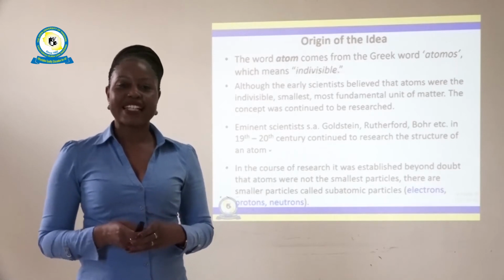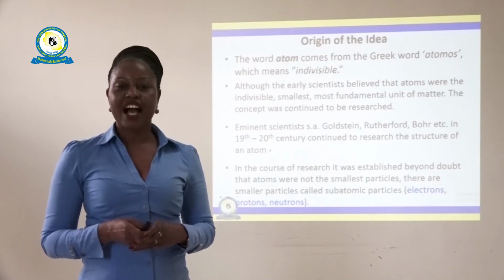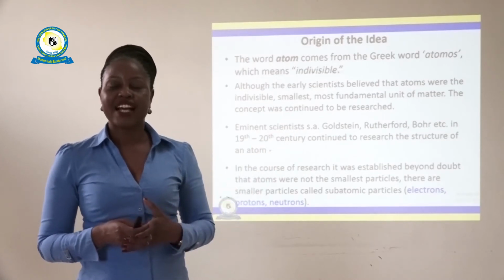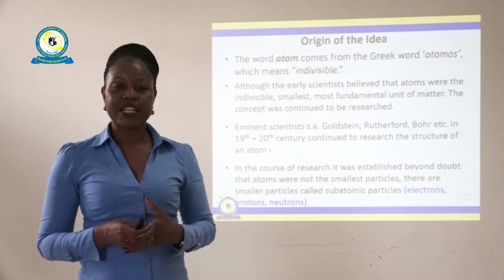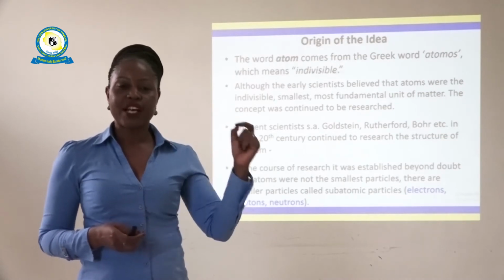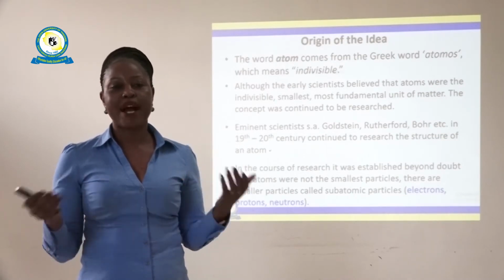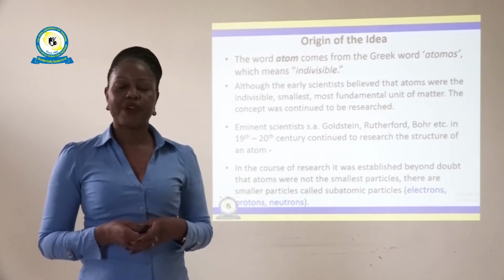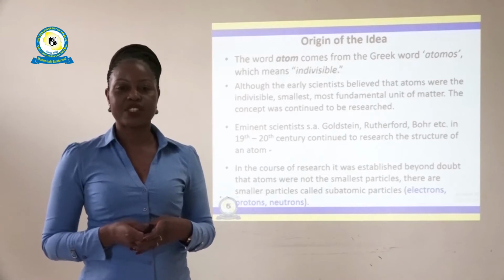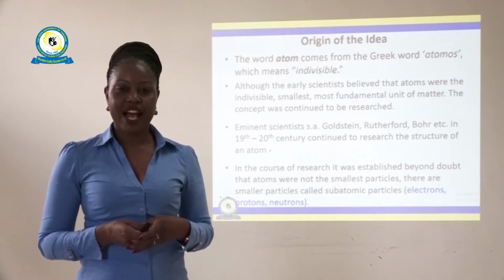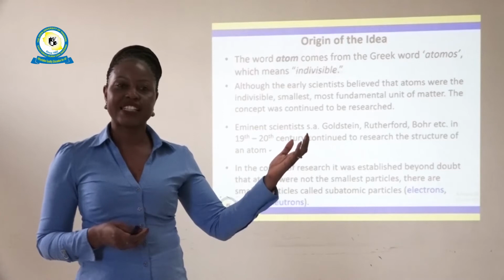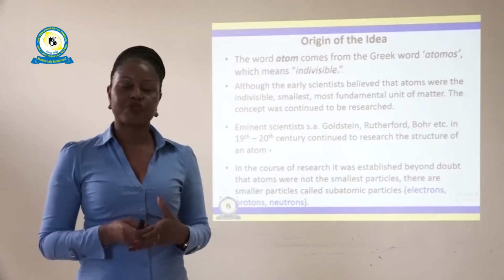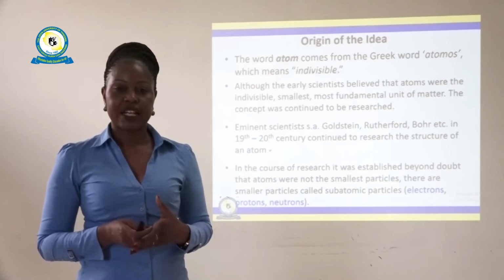Although the early scientists believed that the atoms were indivisible, as we saw previously in our first lecture, in Dalton's atomic theory, and that it was the smallest and the most fundamental unit of matter, the concept continued to be researched by various eminent scientists such as Goldstein, Rutherford, and others in the second part of the 19th century, and also the later part of the 20th century.